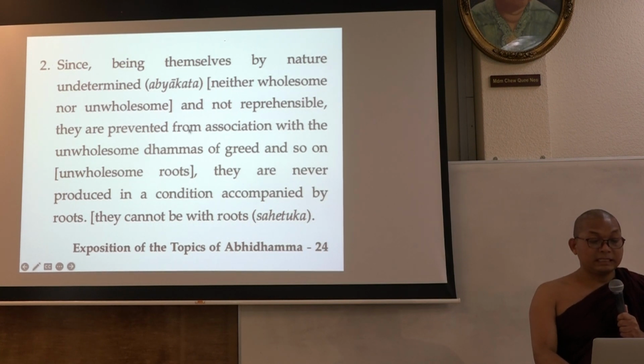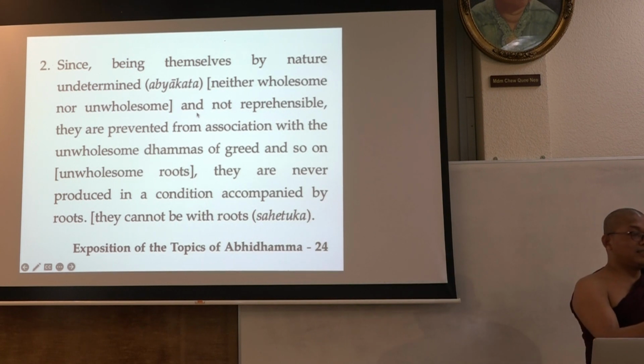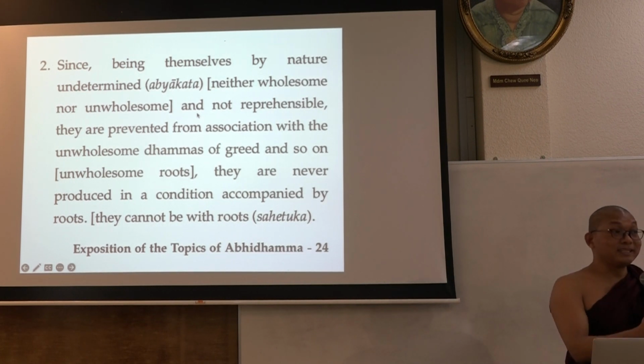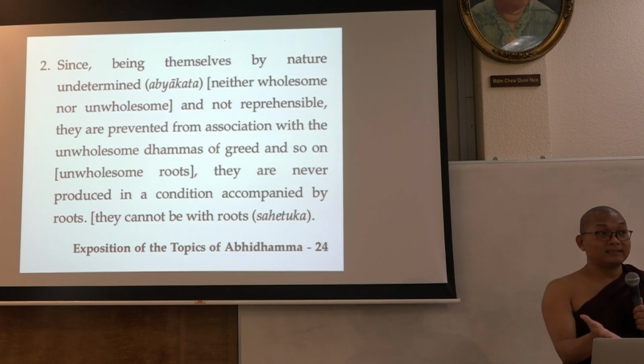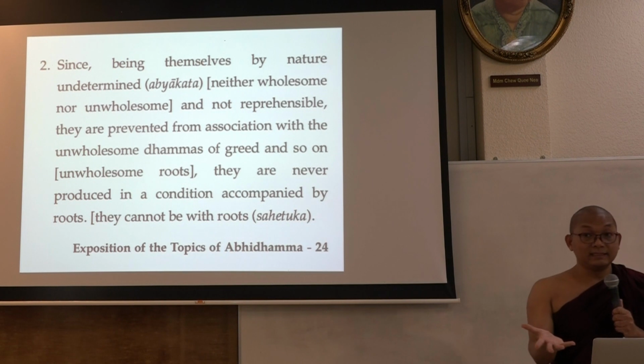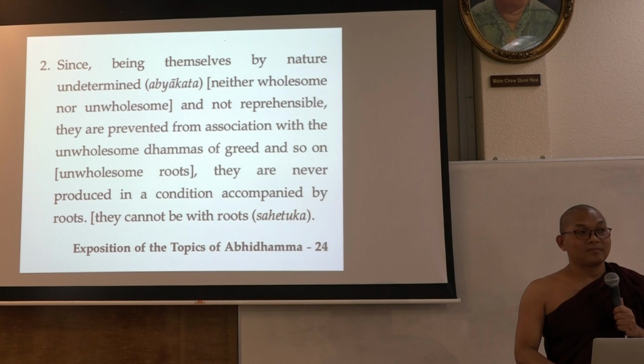So they are prevented from association with unwholesome dhamma, greed, and so on. So that means lobha, dosa, moha, unwholesome roots, are akusala citta, right? But we are talking about vipaka, resultant, right? So therefore, there's no way these vipaka citta are associated with akusala citta, lobha, dosa, moha.